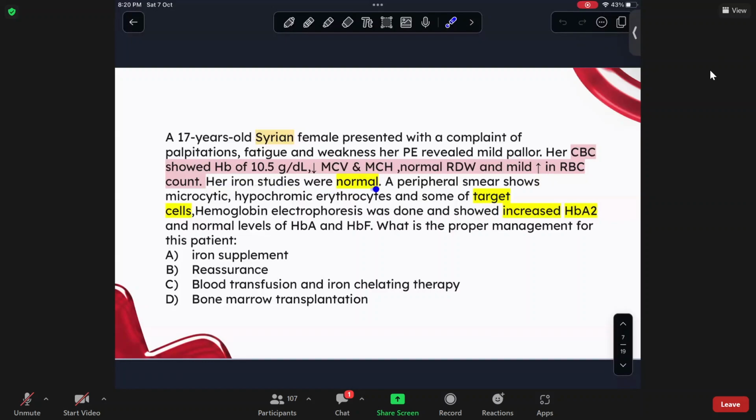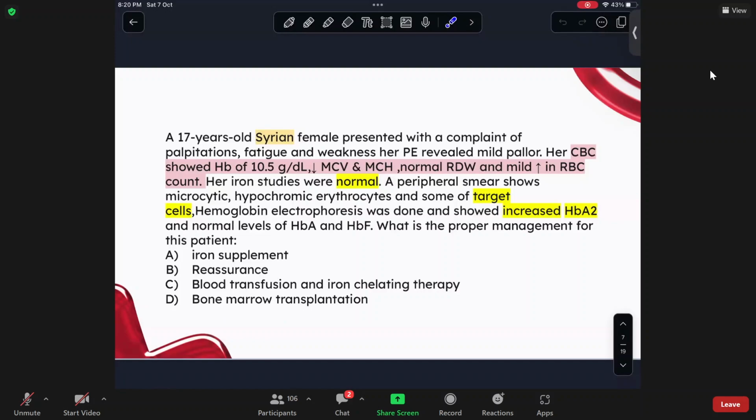Her iron studies are normal. Peripheral smear shows microcytic hypochromic erythrocytes and target cells. Hemoglobin electrophoresis showed increased hemoglobin A2, normal hemoglobin A, and hemoglobin F. What is the proper management? Iron supplement, reassurance, blood transfusion with iron chelating therapy, or bone marrow transplantation?